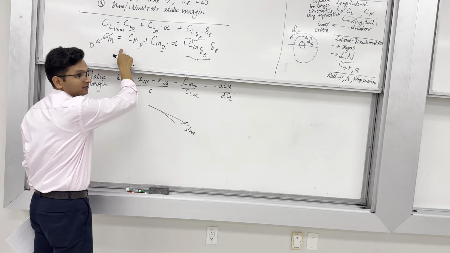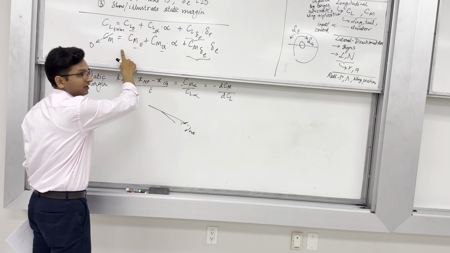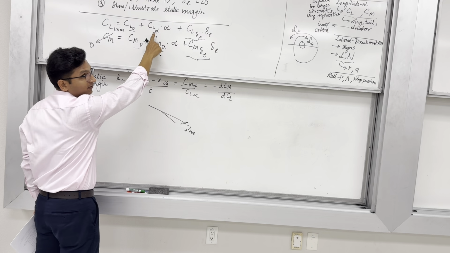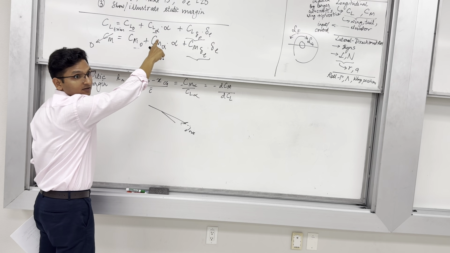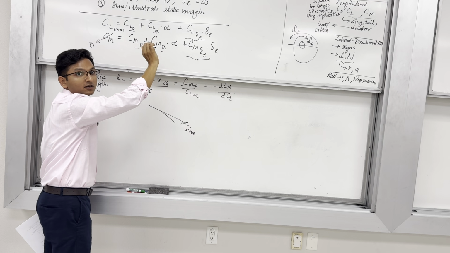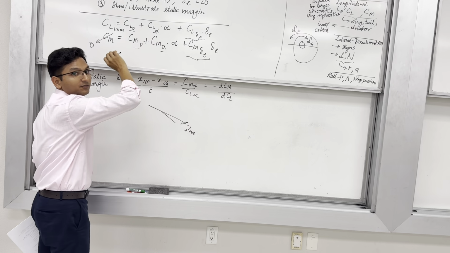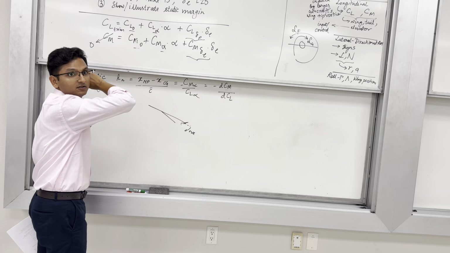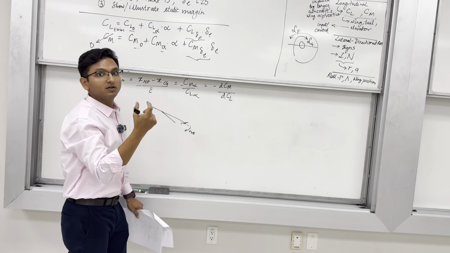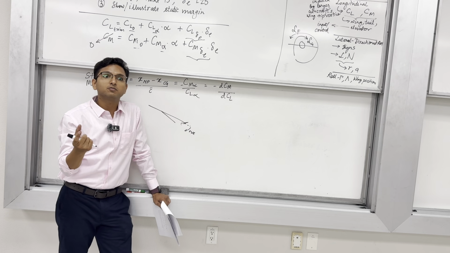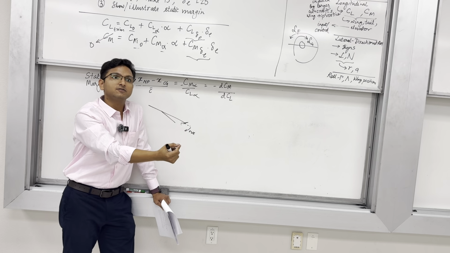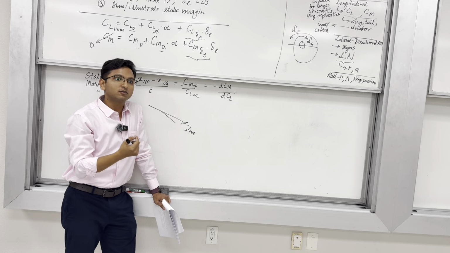That is why Cm alpha varies for the most forward CG, but CL alpha won't vary. CL alpha is going to be a constant entity, but Cm alpha varies with the location of the CG, because moment depends upon the position from which you are taking the moment. So, if the CG itself is moving, the moment will also move.